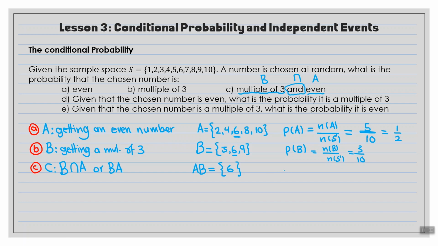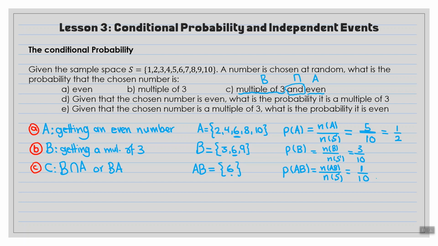So we can simply say that the probability of BA or AB doesn't matter. The probability of AB is the number of elements in the set AB over the number of the elements in the set S. So this is going to be 1, because we have one element only, over 10.